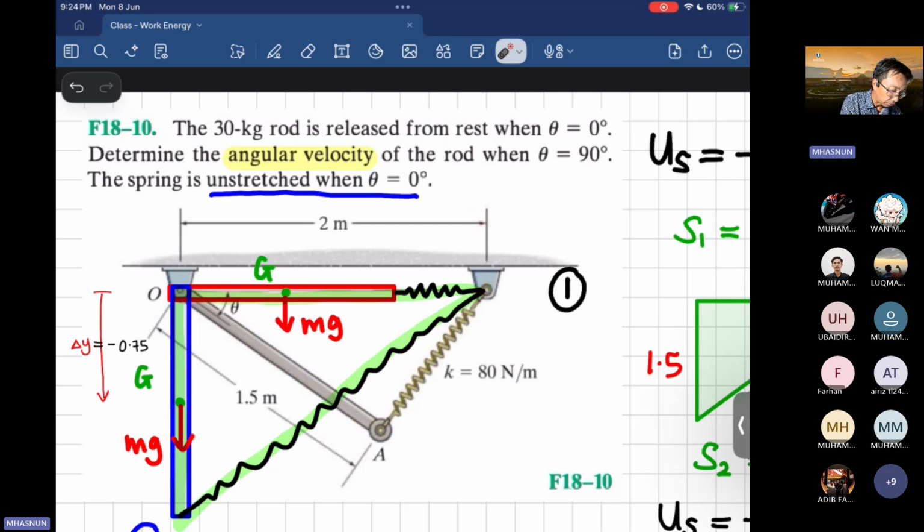And we know the length of the rod, which is 1.5, given here. So when the rod is in the first position, its length is still the same, 1.5 meter. So when the top is 2 meter, this one is 1.5 meter. So we can calculate the original length of the spring as 0.5 meter. You just subtract 2 meter minus the 1.5 meter length of the rod. You understand? Yes, sir.